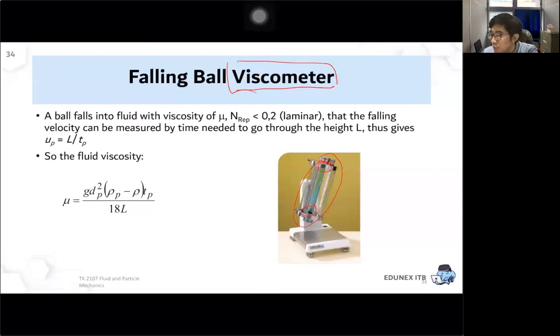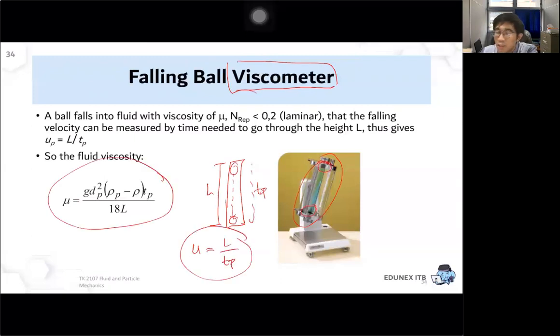The falling velocity is the length of the tube, this is L, and the time is t, so the falling velocity is L divided by t.